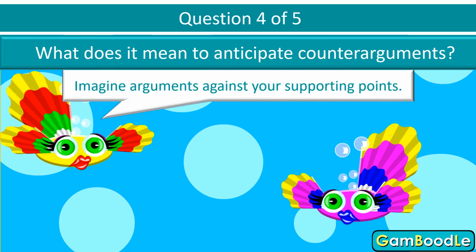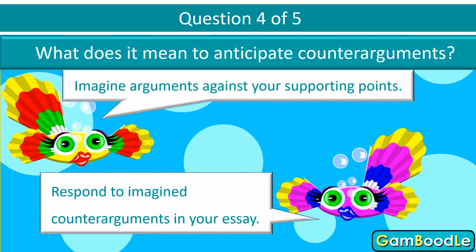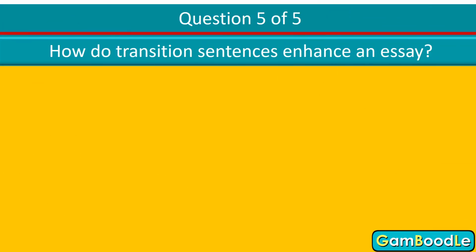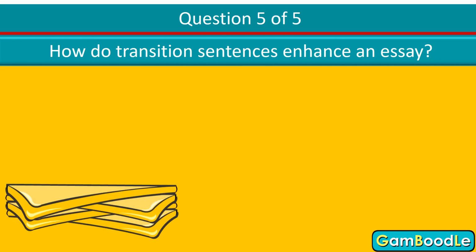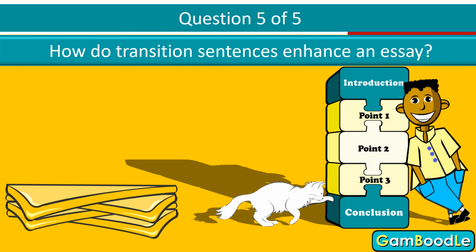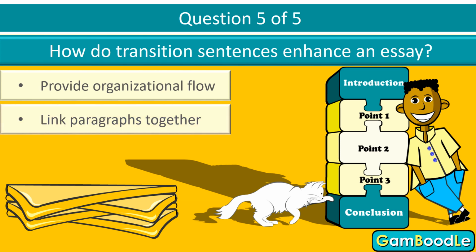Imagine possible counter-arguments to your supporting points and write your response to those counter-arguments. Question 5. How do transition sentences enhance an essay? They provide organizational flow by linking paragraphs in a coherent and cohesive manner.